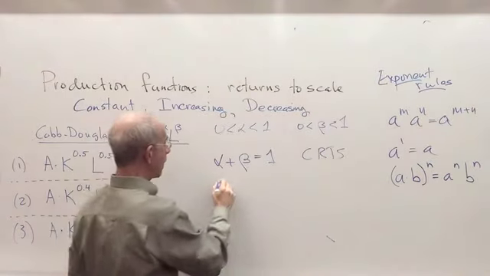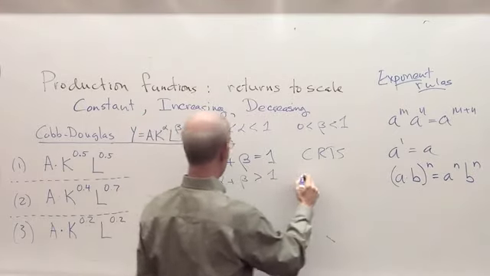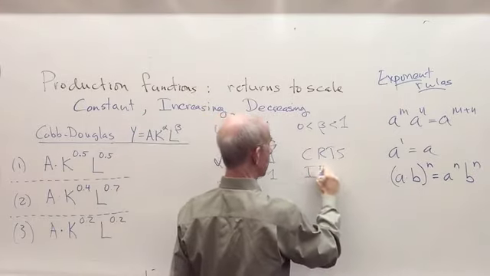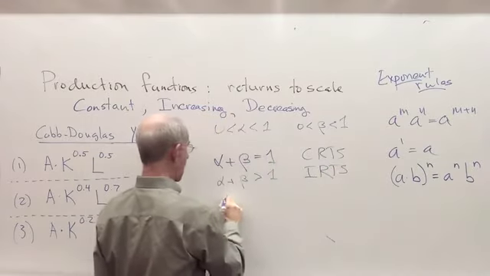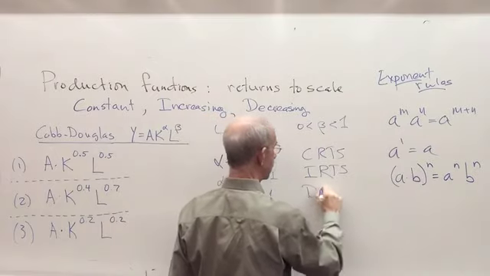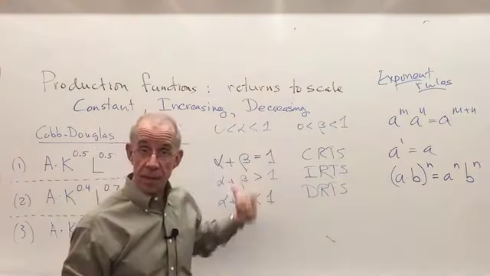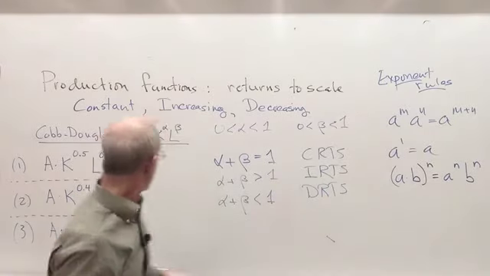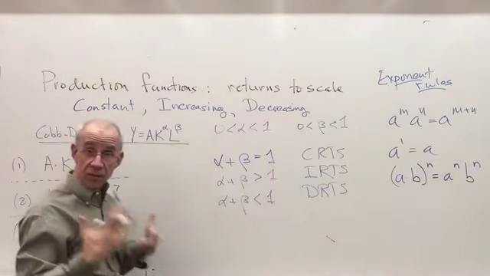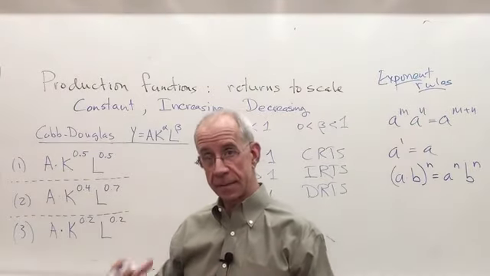You can show if alpha plus beta is greater than 1, increasing returns to scale. Alpha plus beta less than 1, decreasing returns to scale. And I would urge you to do the steps that I talked about just a moment ago using these exponents, and you'll see that you get that exact result.